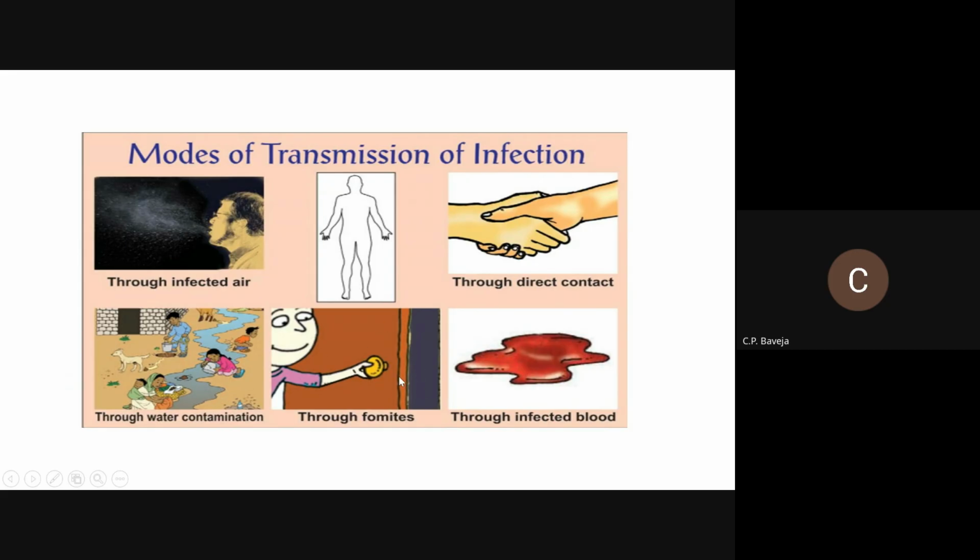Then through fomites: door handles may carry infectious microorganisms. And through infected blood: if there is a spill, touching the infected blood is also a mode of transmission.